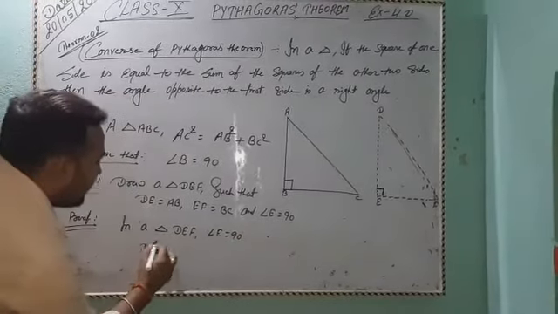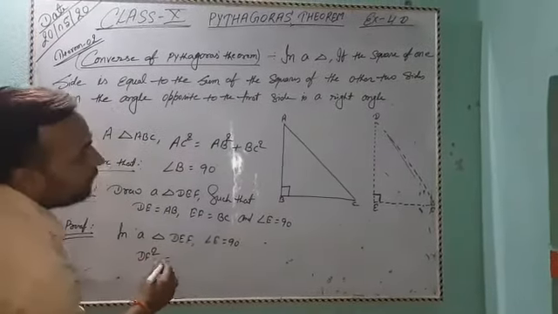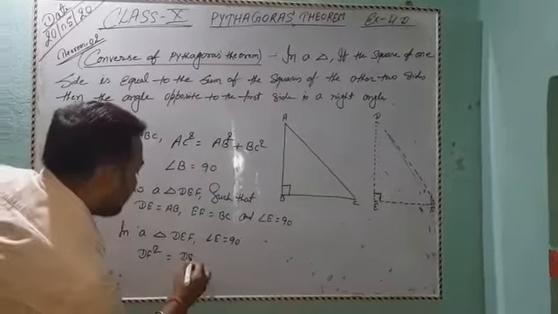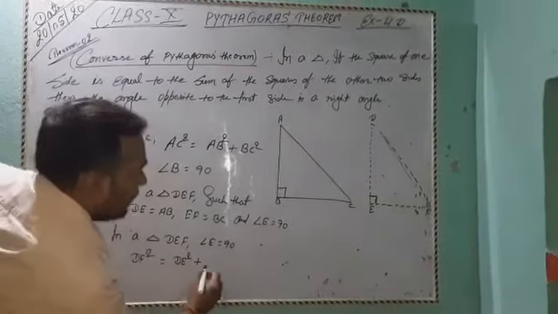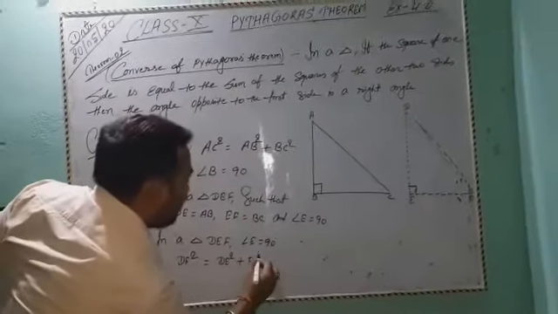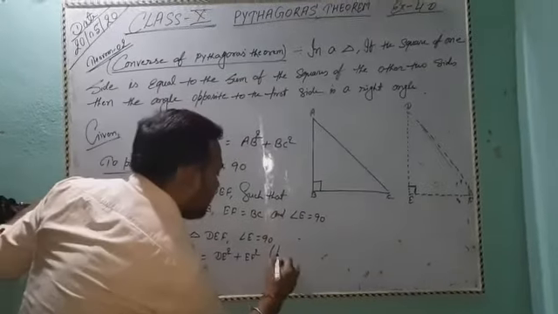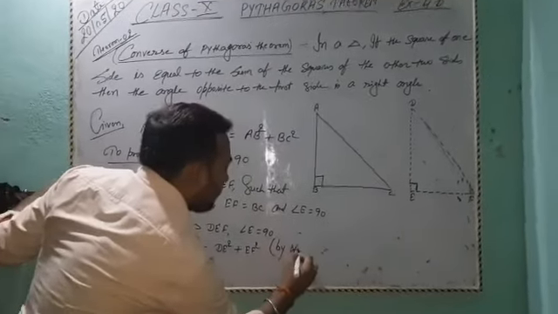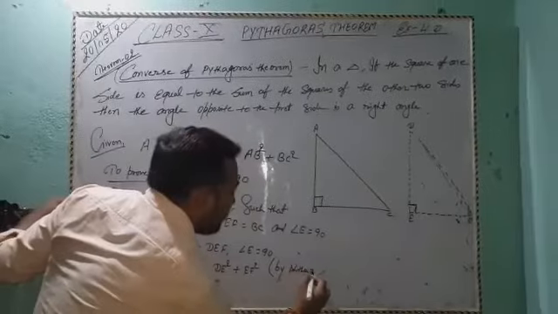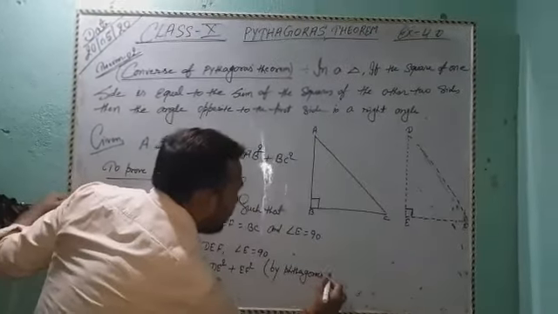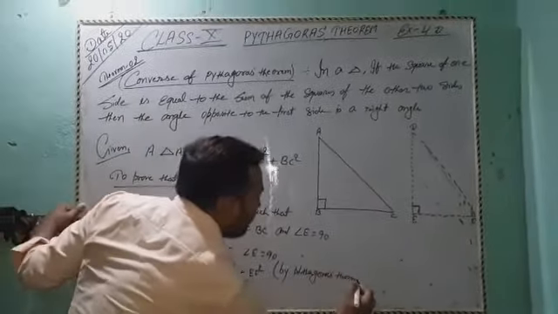So DF square equals DE square plus EF square by Pythagoras theorem.